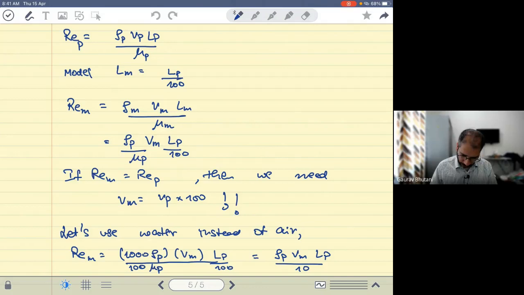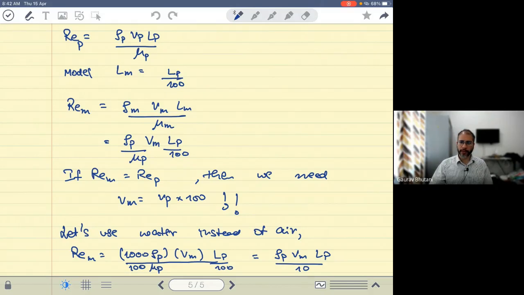Okay, we still are in a bit of trouble. Let me check my calculations again. Density of water is 1000 times the density of air, and the viscosity of water is 100 times the viscosity of air, right? So that gives us a factor of 10. So we still have a factor of 10. So we still need 2000 meters per second. Okay. So we're still talking about a higher velocity than expected.